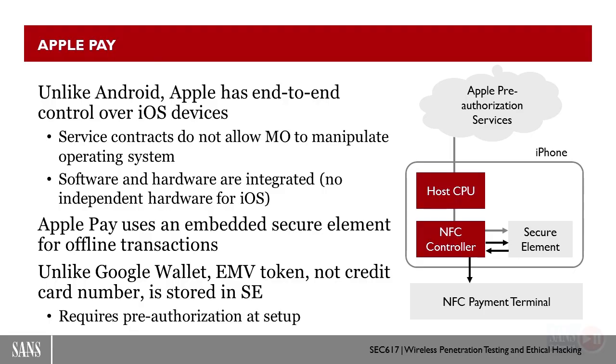With Apple Pay, on the other hand, the secure element for storing the secrets for our credit card transactions is actually on the device itself. But I can see that might be a little bit better in that, in the Apple ecosystem, Apple controls everything. They control the hardware, they control the operating system. The mobile operators aren't allowed to monkey with the operating system and put their own stuff in.